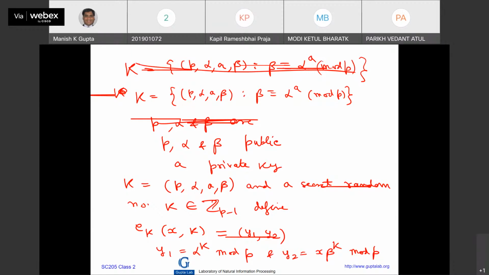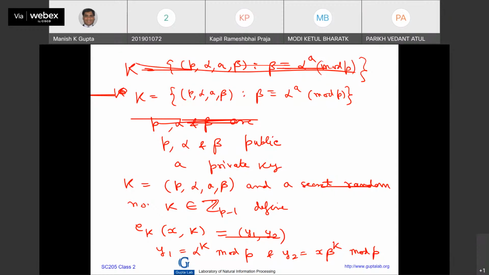Because alpha and p are known to everyone, encryption involves alpha raised to k mod p, and beta raised to k mod p multiplied with the plain text x. That is the encryption function.